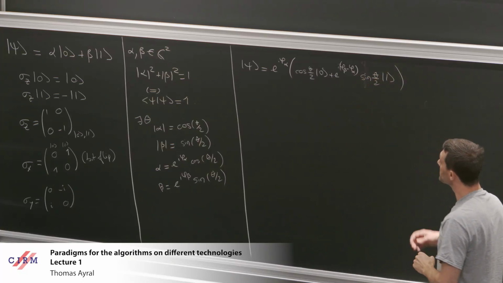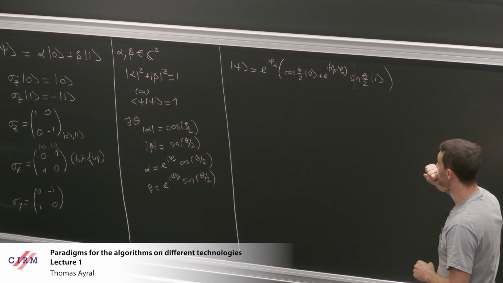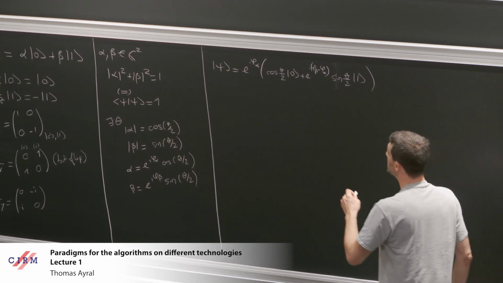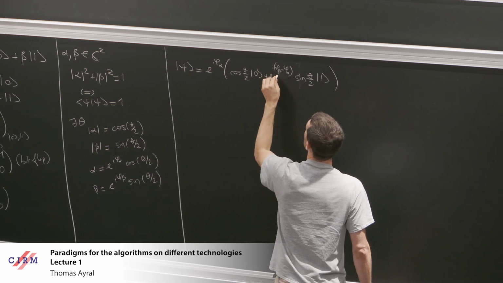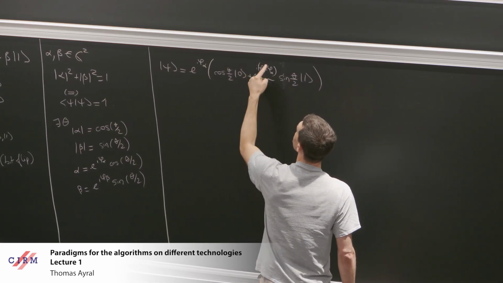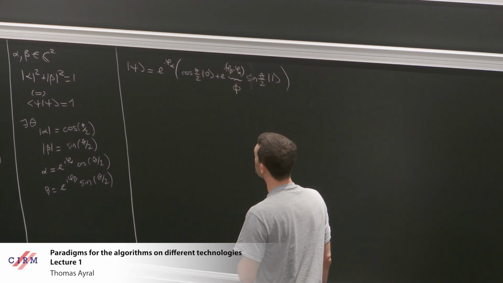So here, this is just a small manipulation, and you're going to understand why I'm going into such depth to introduce this notation. Now I could give a name to this phase difference here. I could call it phi, like that.